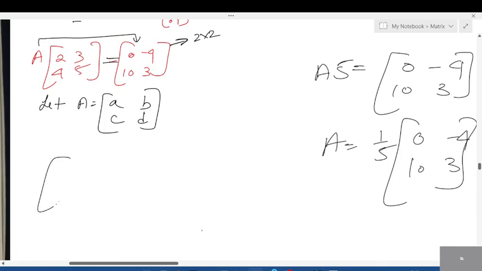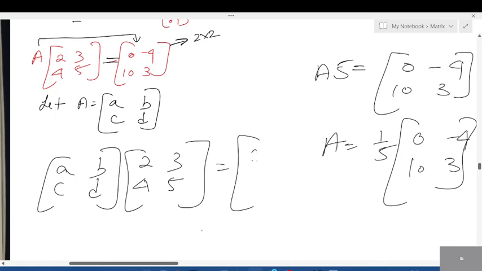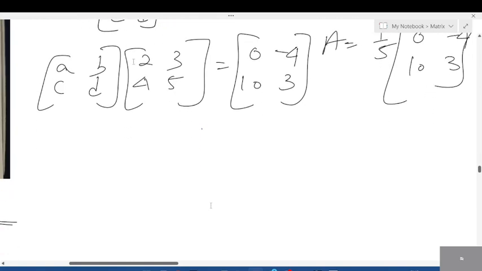Now the value of A is A, B, C, D. Next, 2, 3, 4, 5 as it is, equal to 0, minus 4, 10 and 3. Okay. Left hand side, multiply this, Ivania. Multiply and tell me now. What do you get?